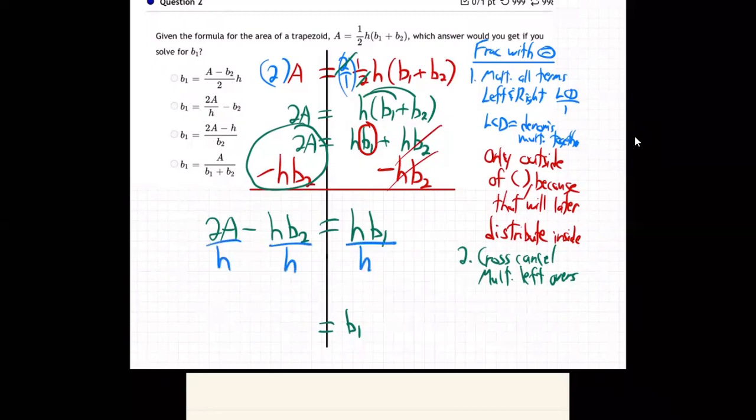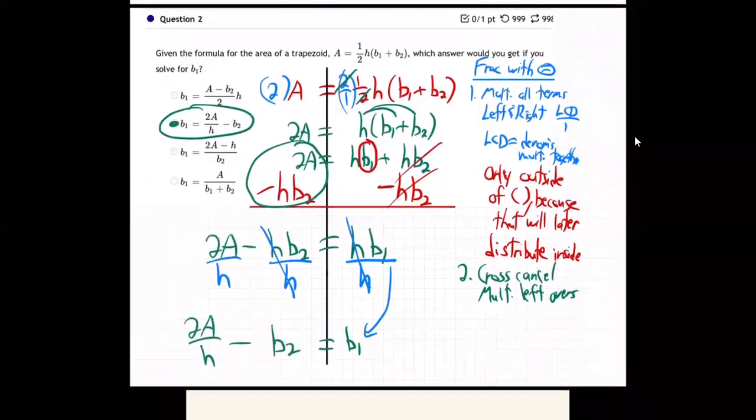Remember, equal treatment. It's an equal sign. Whatever we do to one part, we do to all the parts. What happens? These cancel. B1's got his wish. He's alone. What happens? These guys cancel too. And so what's left? 2A over H minus B2. Here it is. 2A over H minus B2. We did it. We got B1 alone.